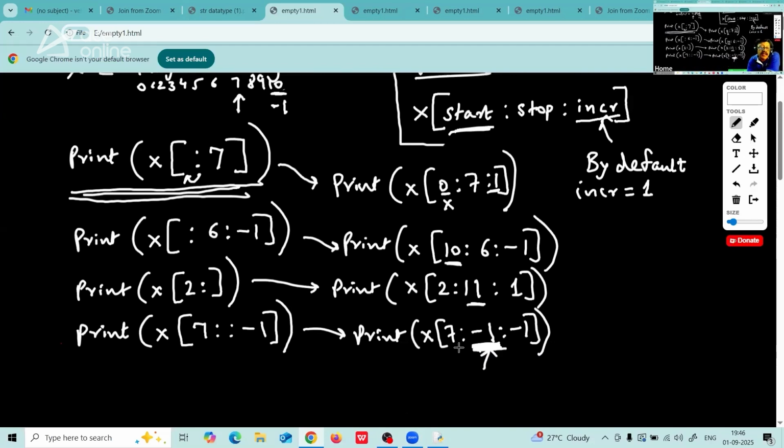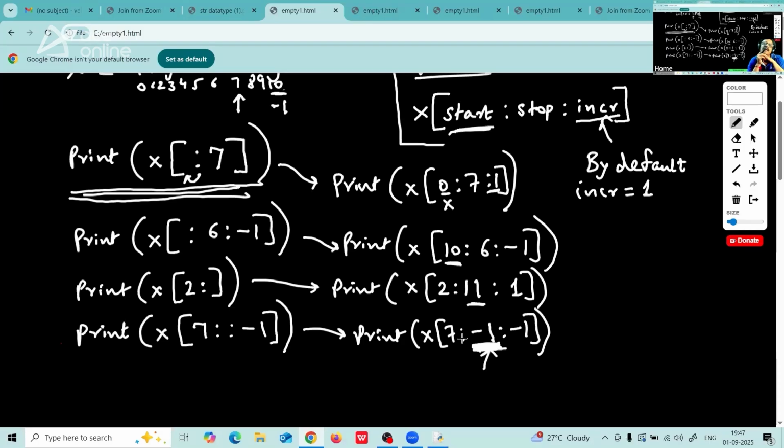See, slicing works differently with negative indexes. When will Python treat that as a negative index? When both start and stop are negative indexes. Only then it will know. You are saying 7 colon -1, so it will not think that -1 is the negative index.